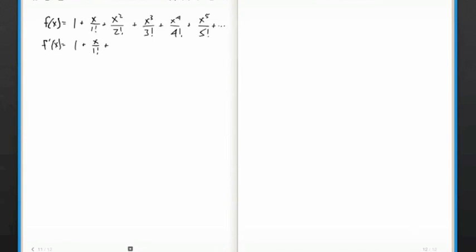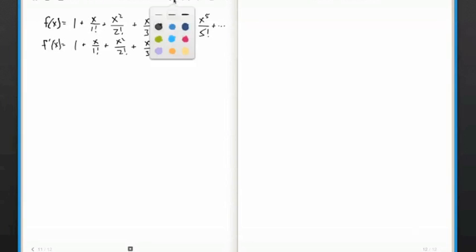And the x cubed over 3, 3x squared, 3's cancel, this becomes x squared over 2 factorial, plus the x fourth becomes 4x cubed, the 4's cancel, so that becomes x cubed over 3 factorial, plus x to the 4th over 4 factorial.